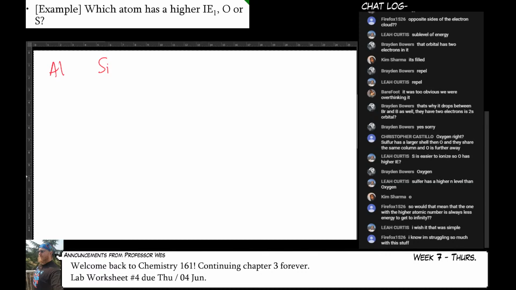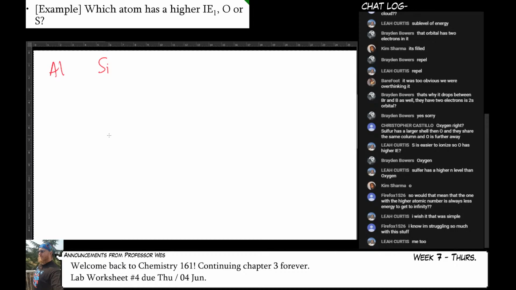So who has the higher ionization energy? Aluminum or silicon? I'll give you a hint.